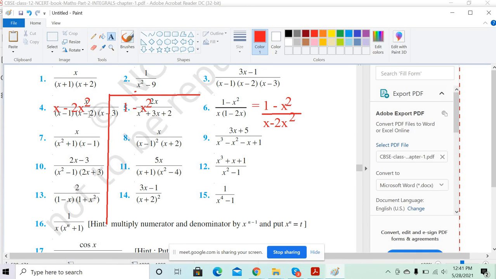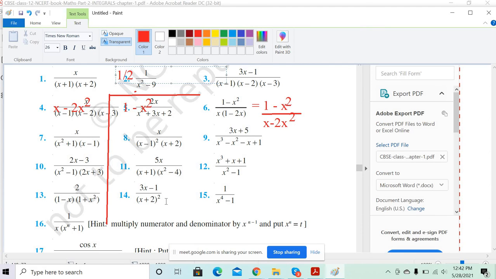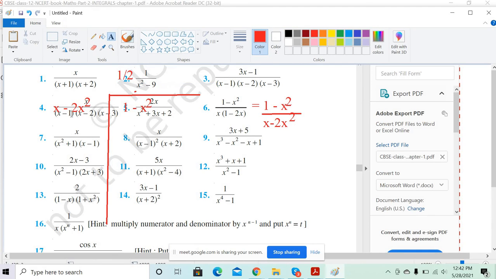Now see, x square is here, 2x square is here. What number do you need to multiply so that the minus x square will get cancelled? What number do we need to multiply with minus 2x square so that you get minus x square here? It's minus 2, so you have to multiply with 1 by 2, right? Because half multiplied with minus 2x square becomes minus x square.